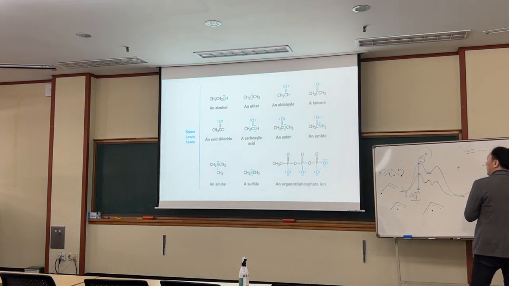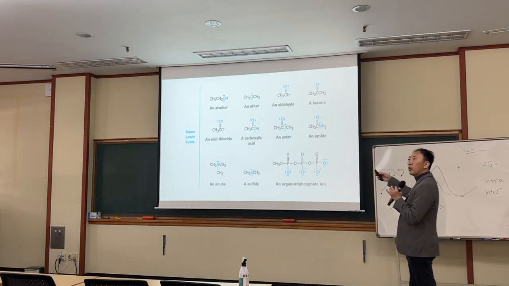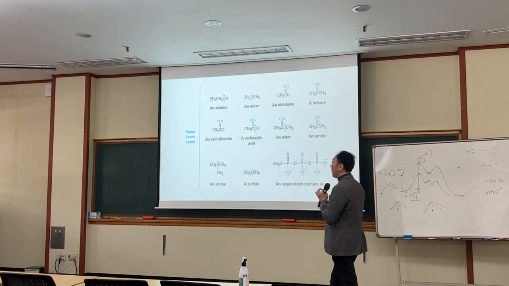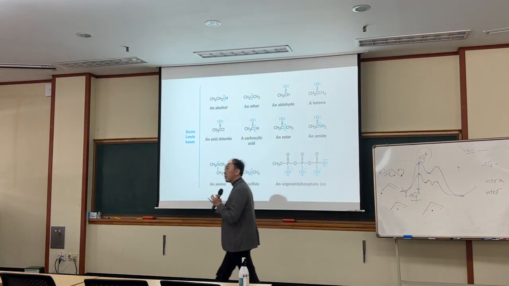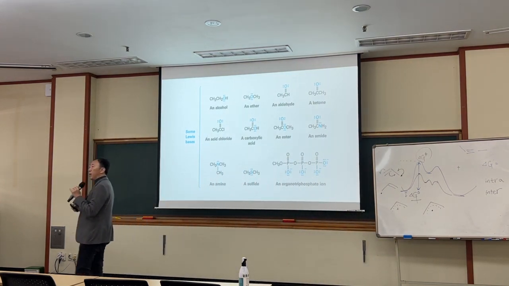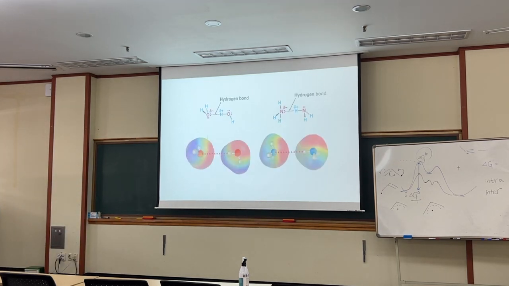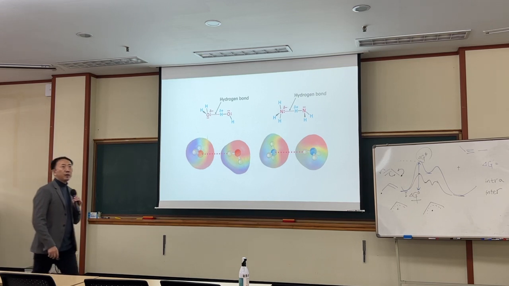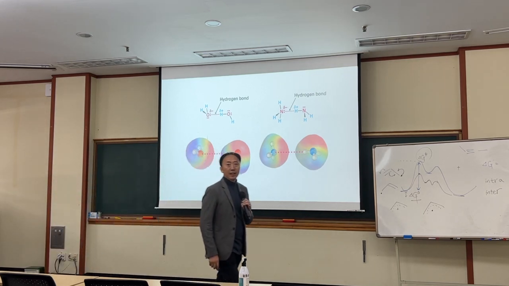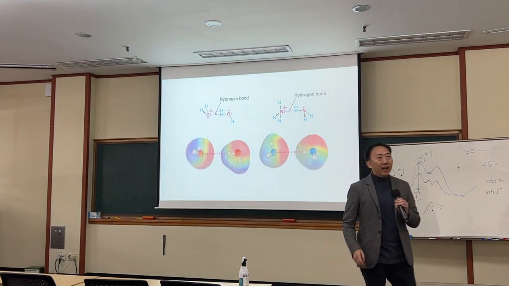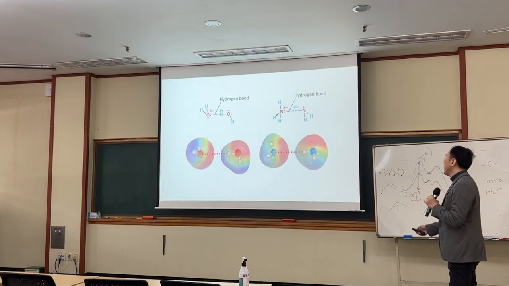So a Lewis base is almost the same as a nucleophile. Lone pair electrons of oxygen, lone pair electrons of nitrogen, those are base and nucleophile. Okay. Also in this chapter we learned about hydrogen bonding. Hydrogen bonding is a partial acid-base reaction.